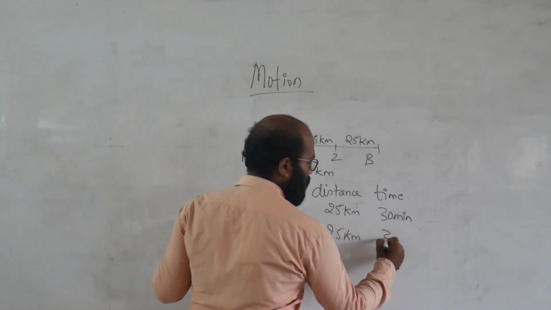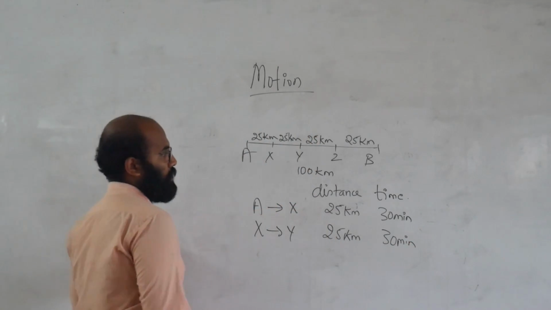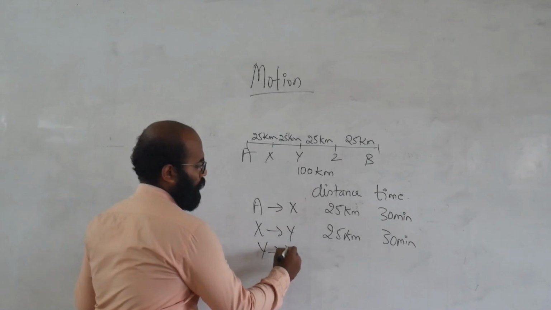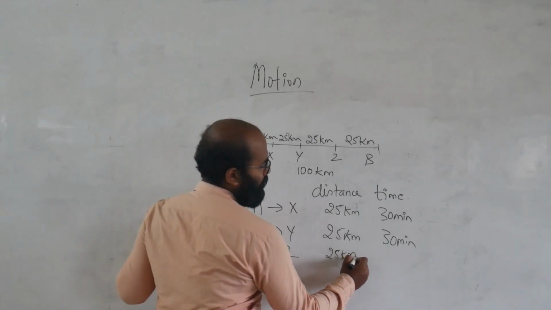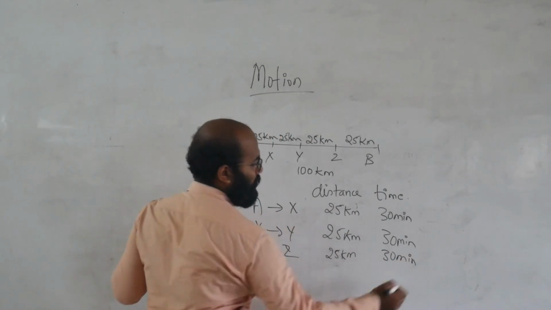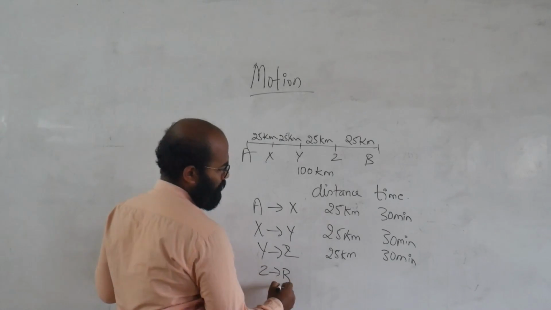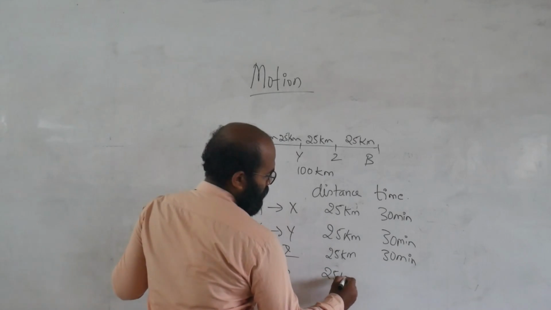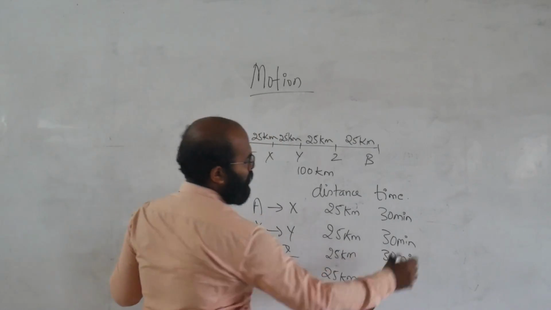If I take the same amount of time, that is 30 minutes. Similarly, Y to Z, it is 25 kilometers, and let the time required be the same, 30 minutes. Last, Z to B, 25 kilometers. I require 30 minutes.